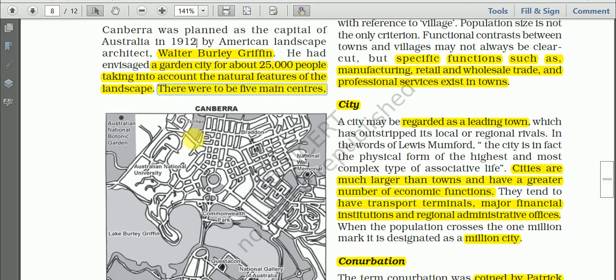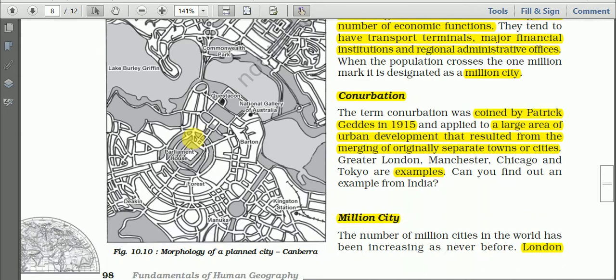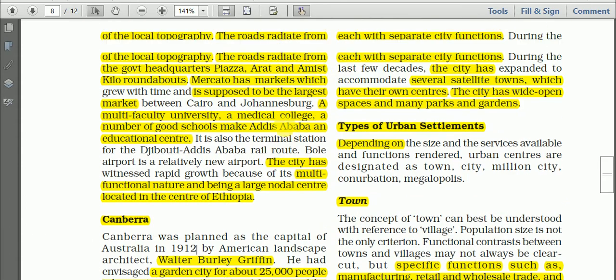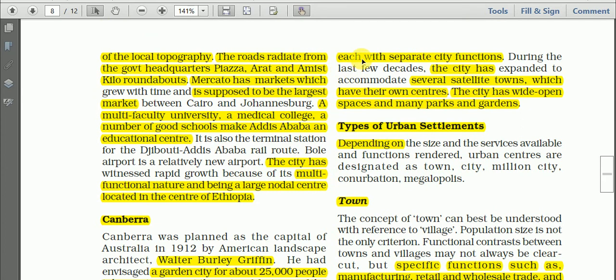There were to be 5 main centers, each with a separate city function. So within Canberra there are 5 main centers, and each center performs a distinct function.